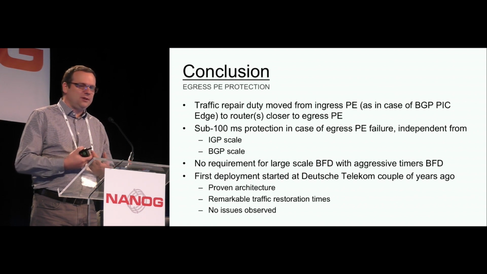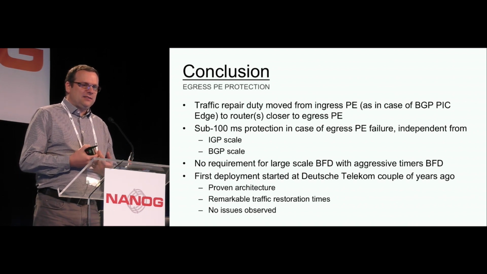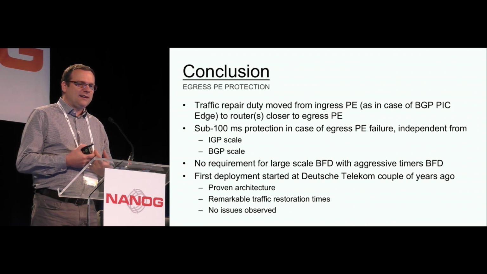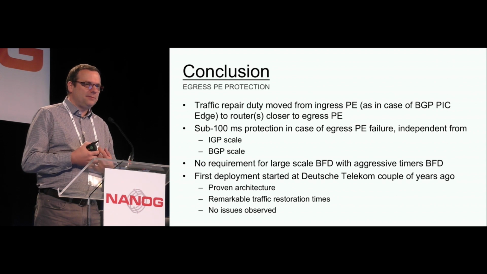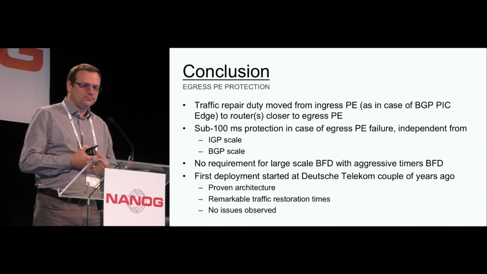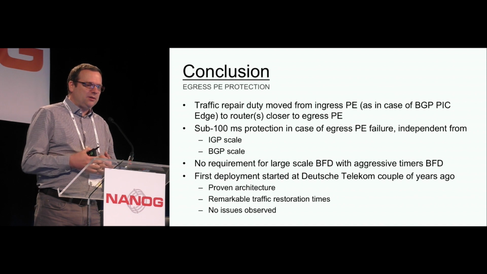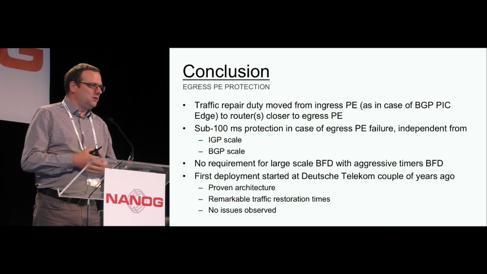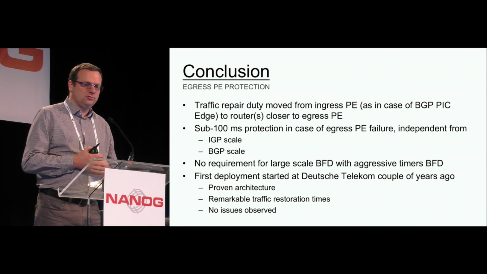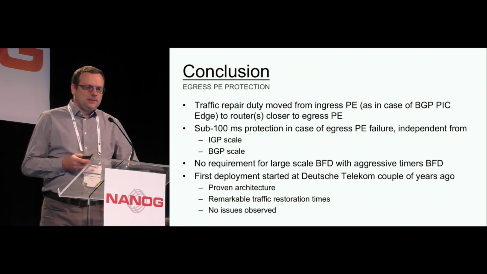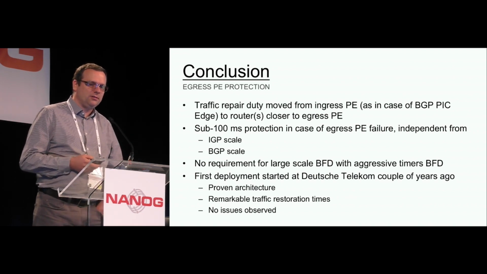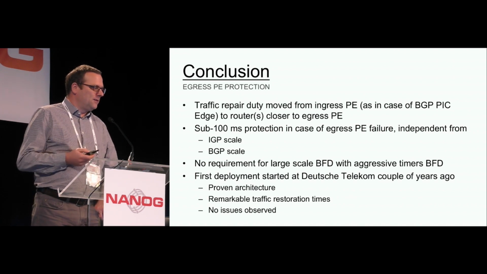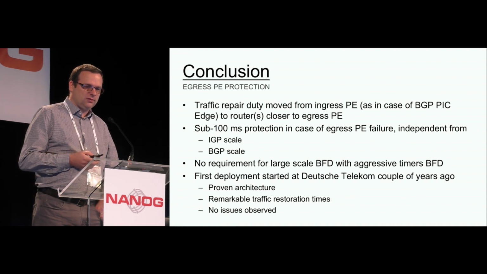Because of that, we can provide sub-100 millisecond protection regardless of the IGP scale and BGP scale. BGP PIC Edge still depends on the IGP scale, typically. Also, there's no requirement for large-scale BFD with aggressive timers. We discussed that we could eventually run BFD sessions between PEs to detect the PE failure. The first deployment started a couple of years ago, and one of the Deutsche Telekom networks is now fully functional and working very well.